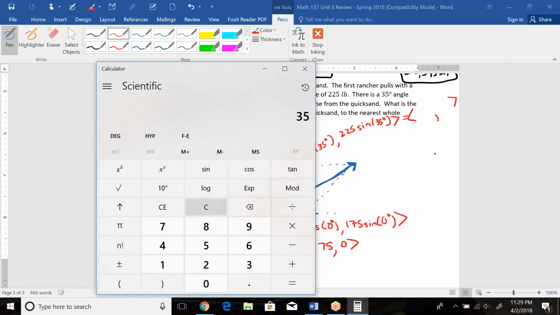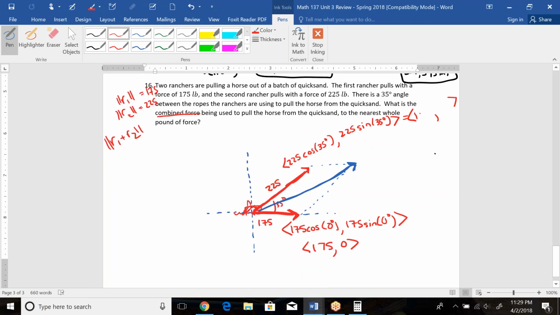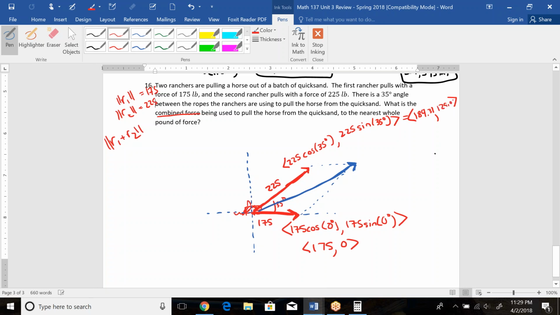So cosine of 35 degrees times 225 is 184.31. And sine of 35 times 225 is 129.05. To add two vectors together, we add their components.